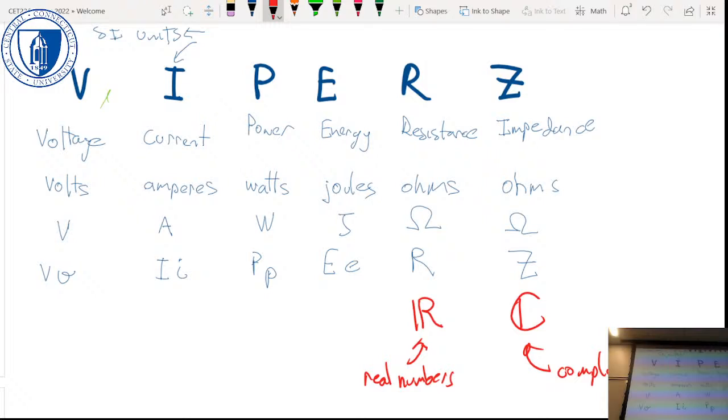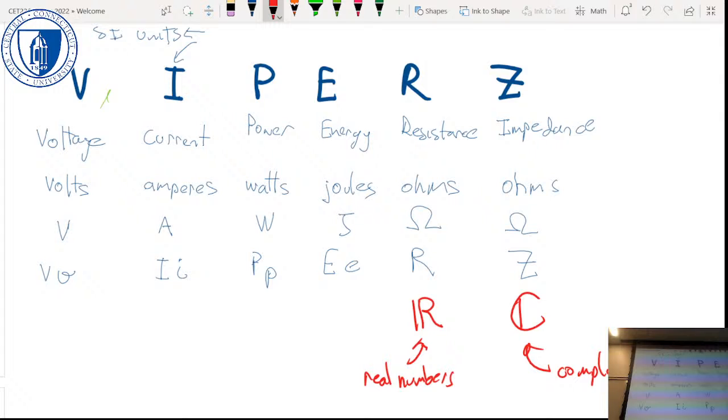Okay, so the other thing we can do is there's some relationships here, right? One of the relationships is between V, I, and P. Right?